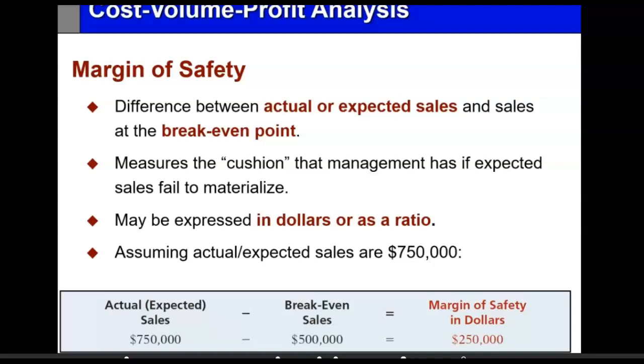This is most often expressed as a ratio, but it can be expressed in actual dollars. So here we have an example. Actual sales, 750. What I need to sell to break even is 500. So my margin of safety in dollars is 250. Therefore my sales have to fall 250,000 so that if they do, then I'm at my break-even level of sales of 500.